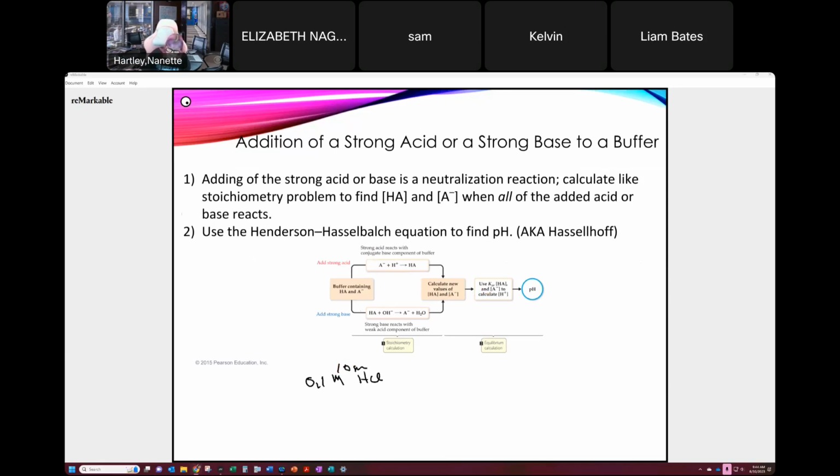And just for the sake of argument, we could say we added 10 milliliters. And so the number of moles from that would be the 10 milliliters times the 0.1 molar. And then I have to have 1 liter is 1,000 milliliters. So the conversion of the milliliters to liters. Okay, some people can do that in their head. I can't. So that would tell me how many moles of the HCl that I've added.